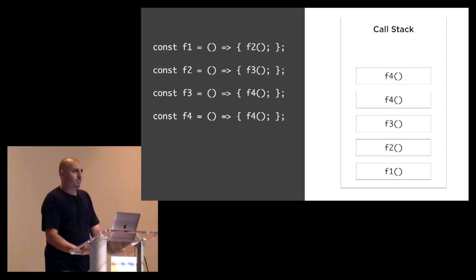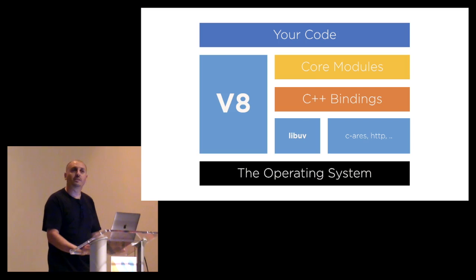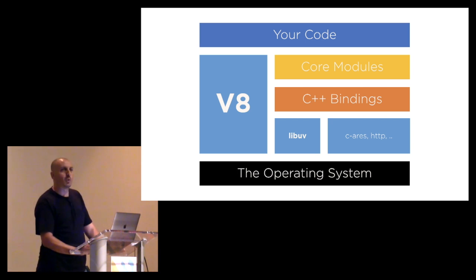How about this one? What about the event loop? And is that part of V8? The more visual question here is, if I give you this diagram, which basically represents every Node application from beginning to finish, where is the event loop?